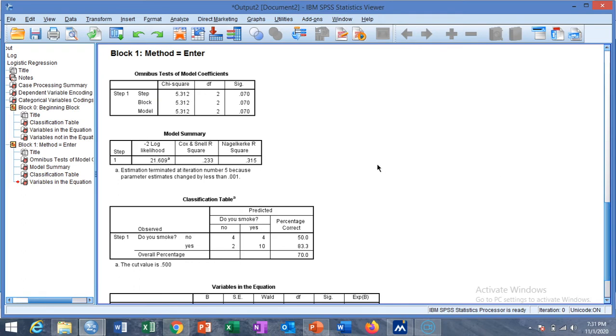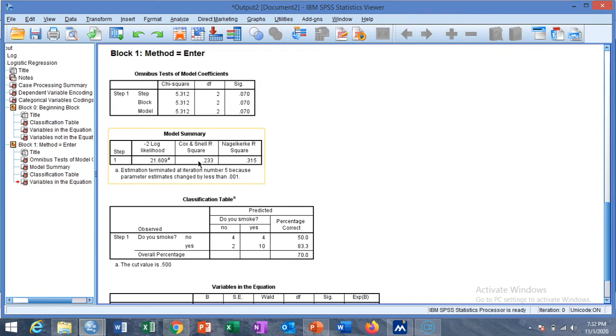The model summary table provides the goodness of fit of the model with the Cox and Snell R-square and the Nagelkerke R-square, which is also considered a pseudo R-square.